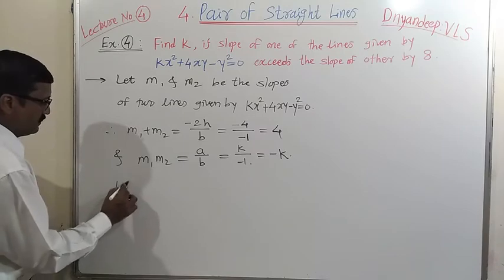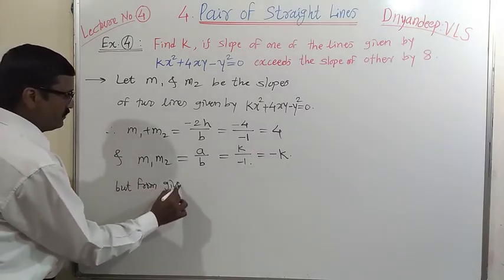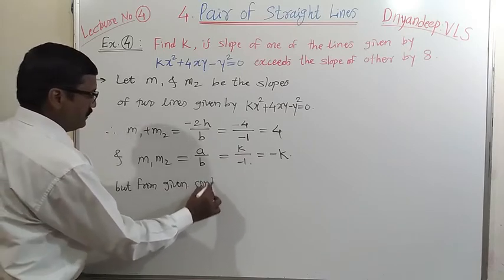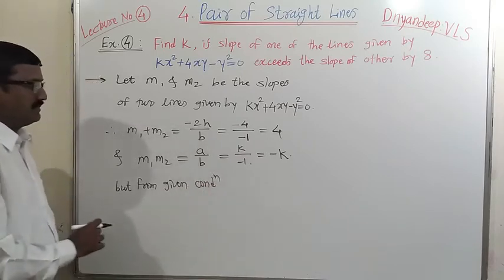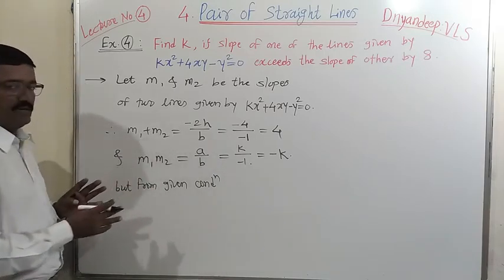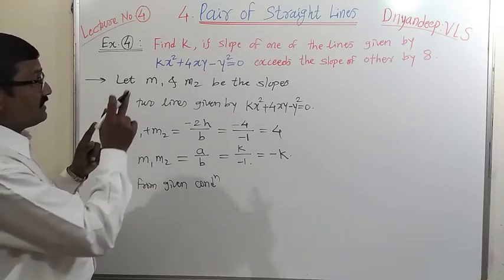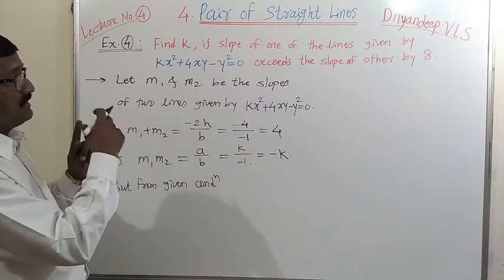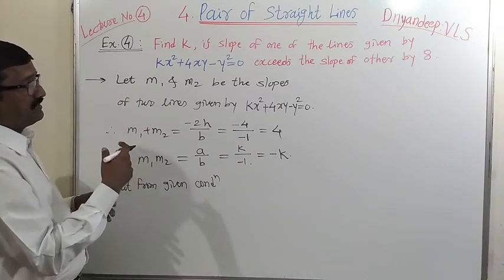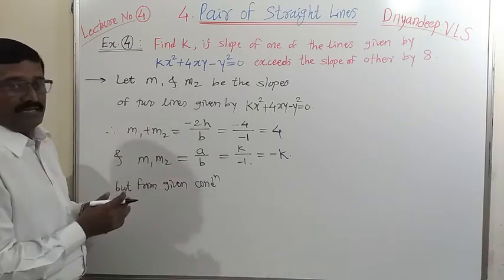But from given condition, what is condition? It is not given like previous example that sum is the double or sum is the half or it is thrice, etc. Not given. Here the one slope is more than second slope by 8.